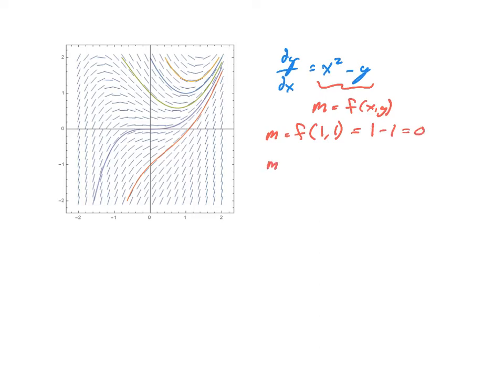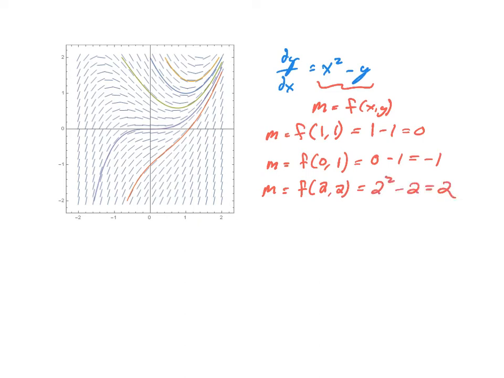If I put in the slope at 0 comma 1, then I'm going to get 0 minus 1, which is negative 1. And if I put in f of, say, 2 comma 2, that's going to be 2 squared minus 2, which is equal to 2.